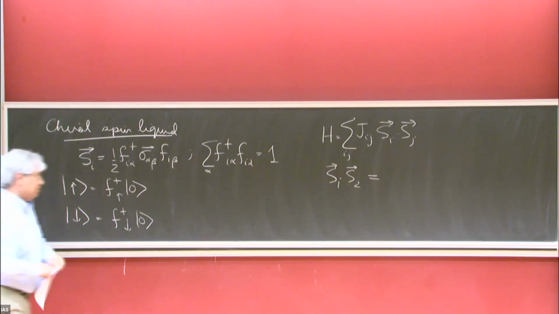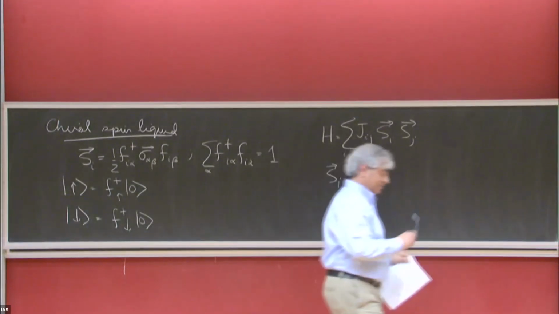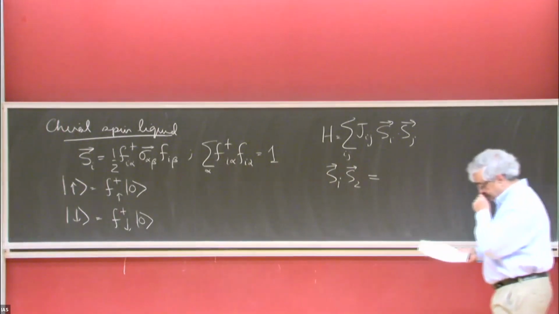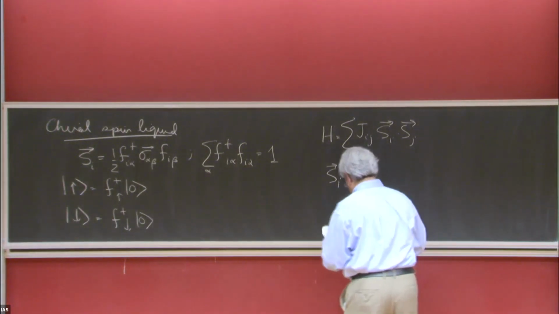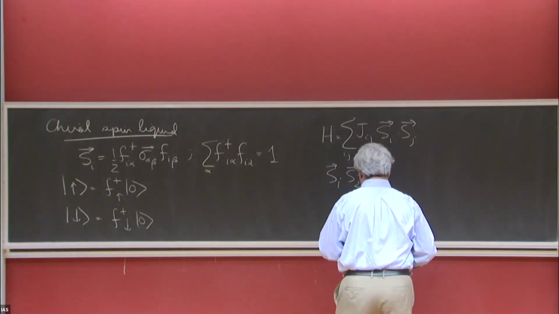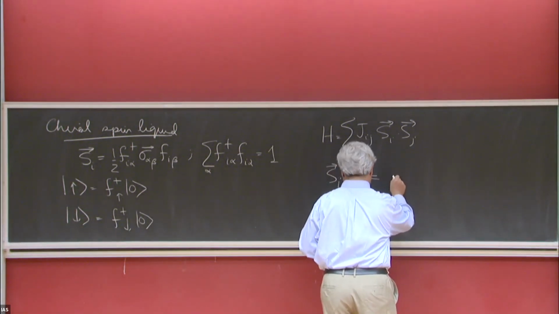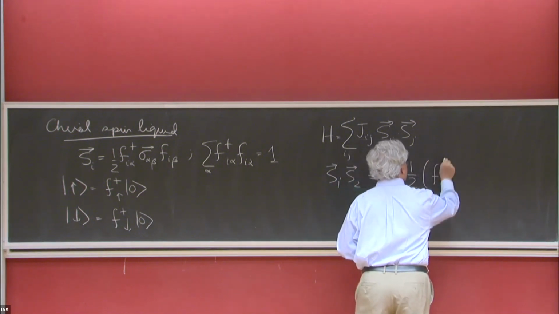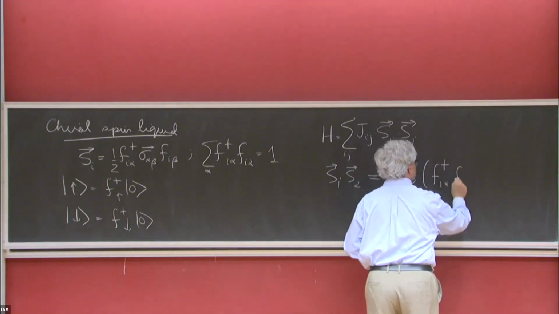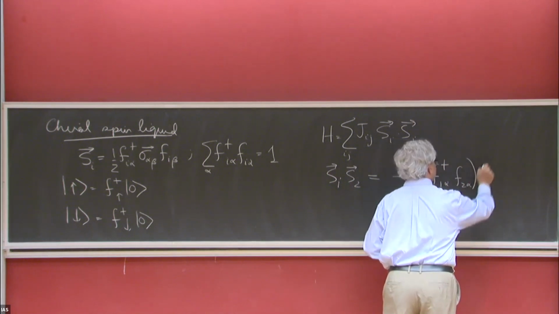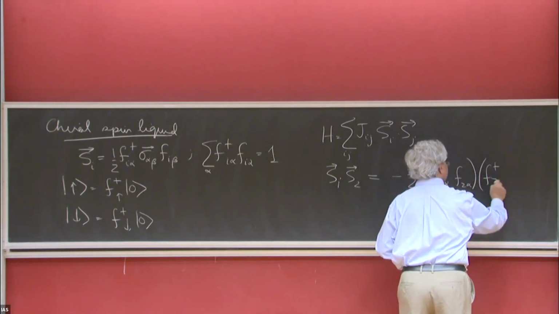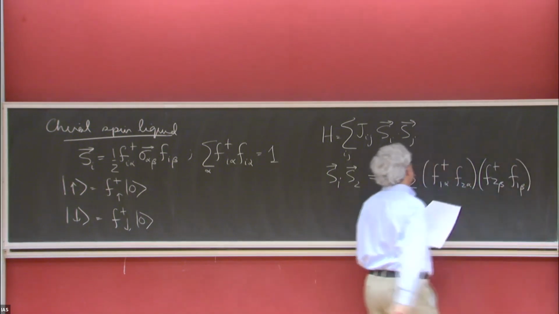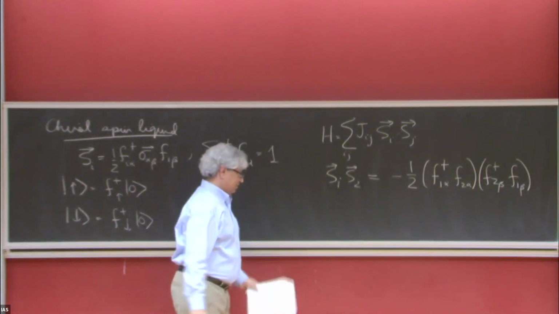Now, there's various ways to do this. There's one way to write it in terms of F dagger terms, another way to write it in terms of F dagger F terms, but this is the way it's useful here. This is -1/2 F dagger 1 alpha, F2 alpha, minus F dagger 2 beta, F1 beta, plus some constant.